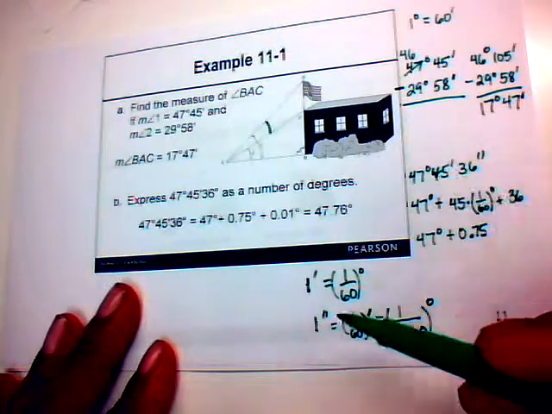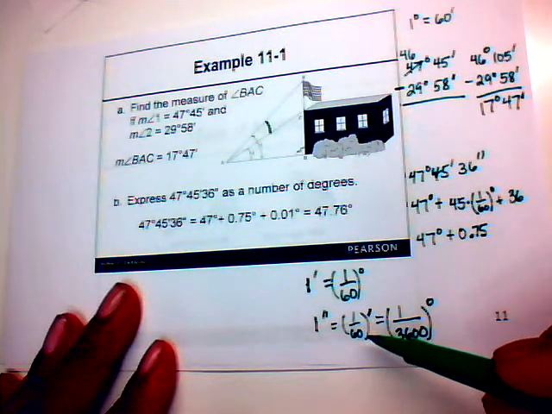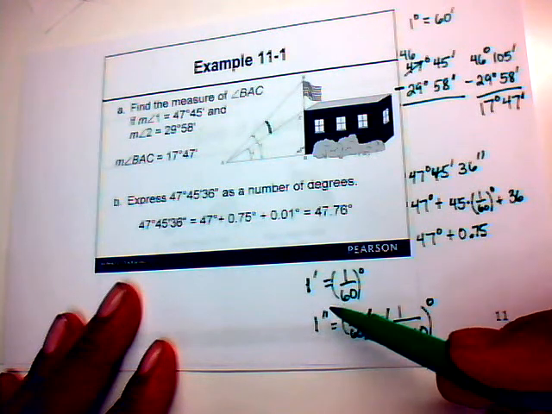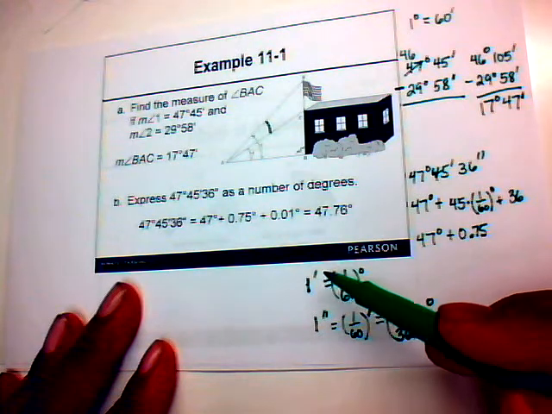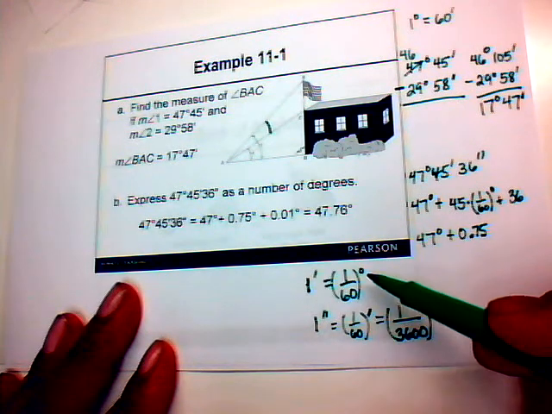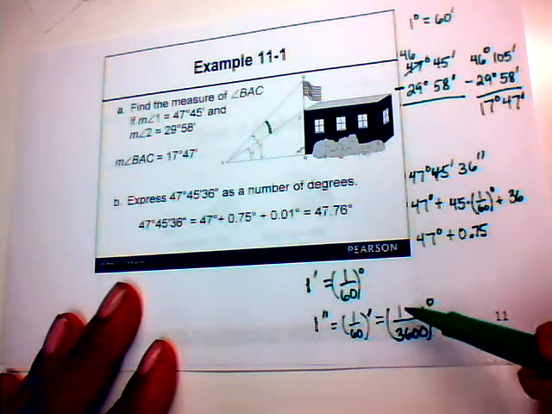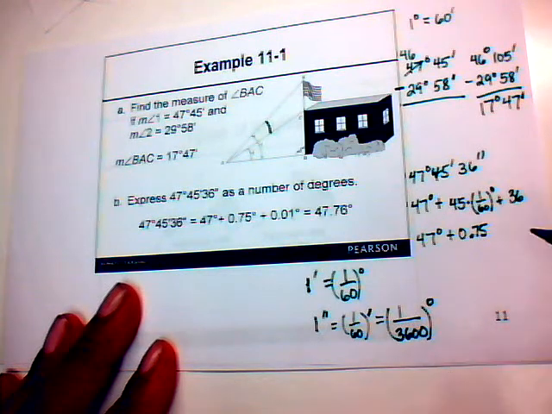And the reason for that is I'm multiplying 1/60th times 1/60th. Okay, because 1 second is 1/60th of a minute, and 1 minute is 1/60th of a degree. So I multiply these two to get 1 over 3600.